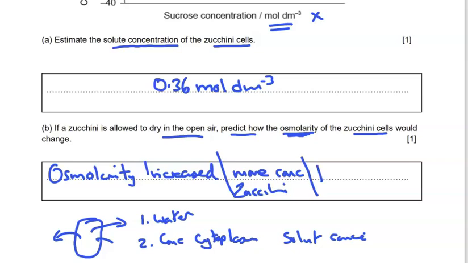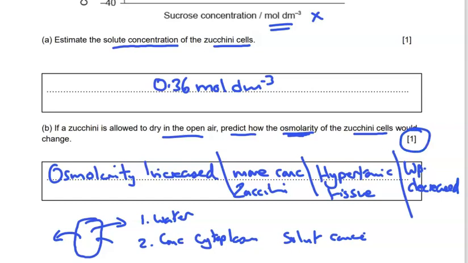You could say it is more hypertonic, and again you're referring to the tissue itself and not any surrounding fluids. And there is a final one, which is that you could say that the water potential has decreased. Any of these alternatives are sufficient to gain the single mark here.